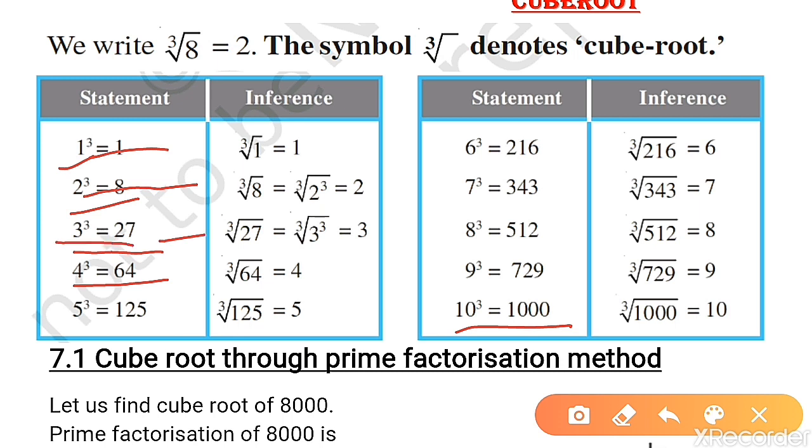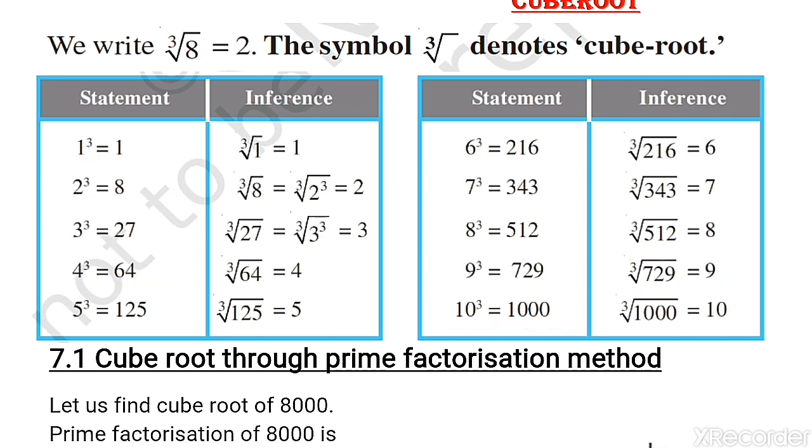As we have discussed, the cube root is the inverse operation of cube. Likewise, 9 cube is 729, so the cube root of 729 will be equal to 9.